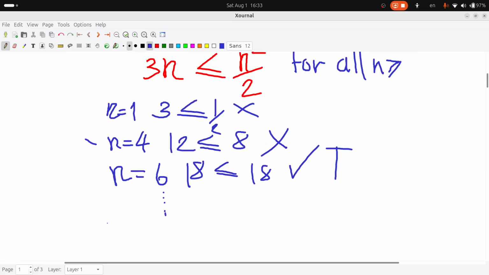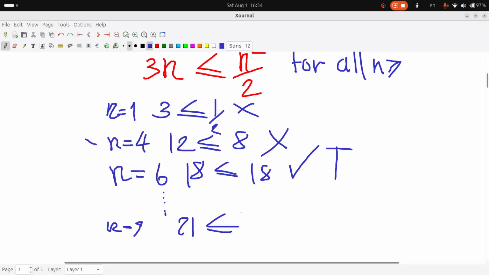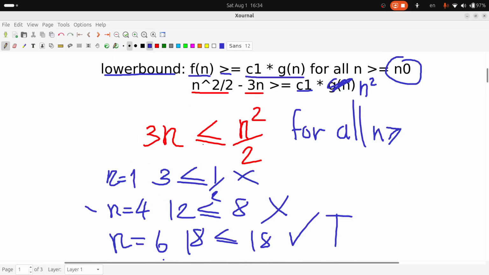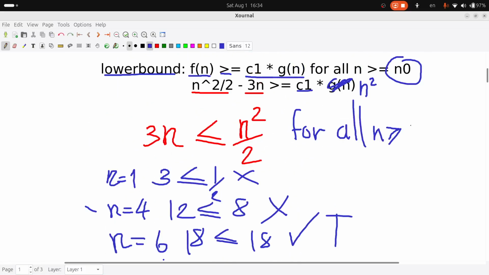For example, if n is equal to 7, it will be 21 compared to 49 divided by 2, which is about 24. So we can say that for all n greater than or equal to 6, this expression is true.